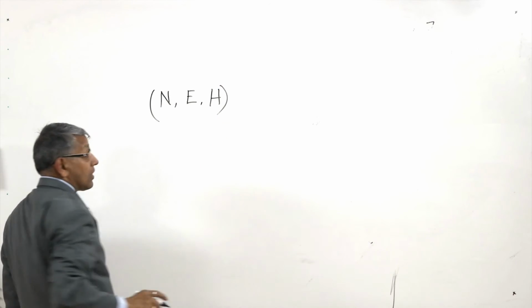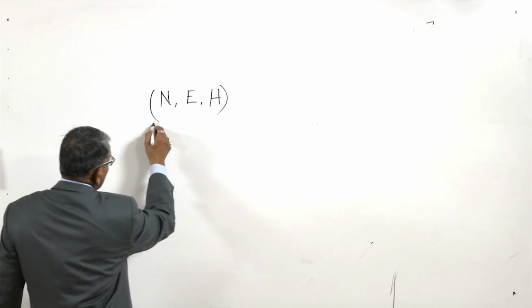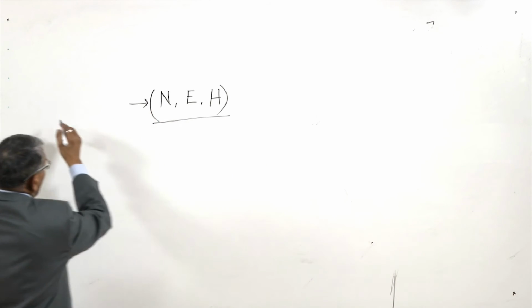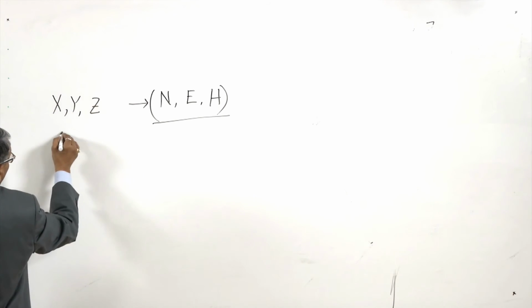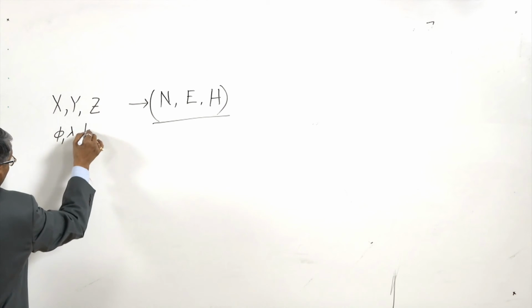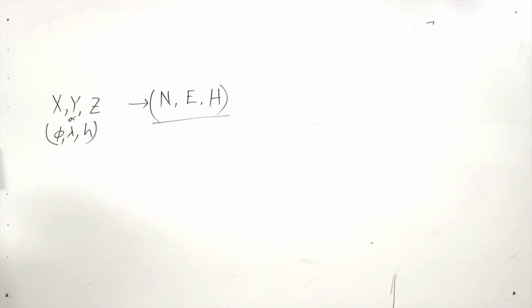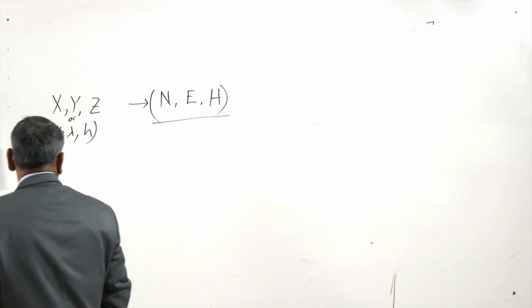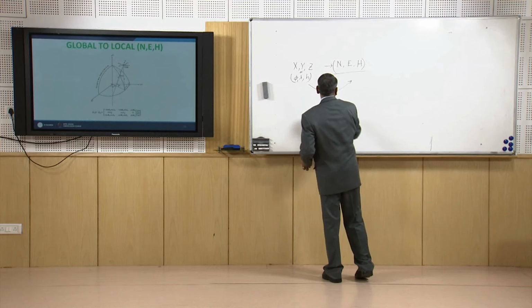Vertical height also can be called orthometric height. So we need to convert our Cartesian coordinate or geodetic coordinate to northeast and height.